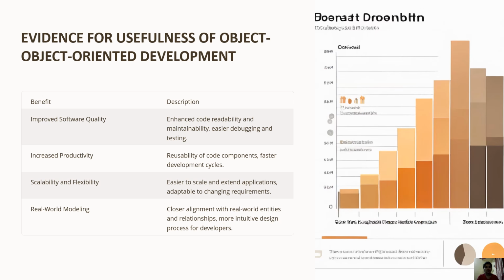Next is increased productivity: reusability of code components and faster development cycles. Productivity basically means that code generated for previous programs can be regenerated, and we can modify a little bit of it and it is ready for the next project. Next is scalability and flexibility: the ability to scale and extend applications and adapt to changing requirements.